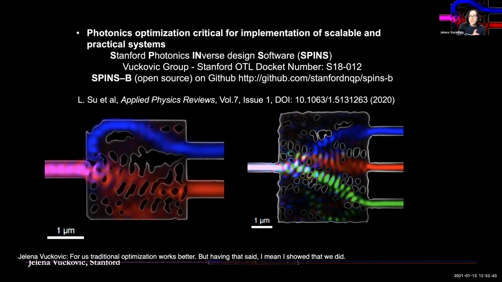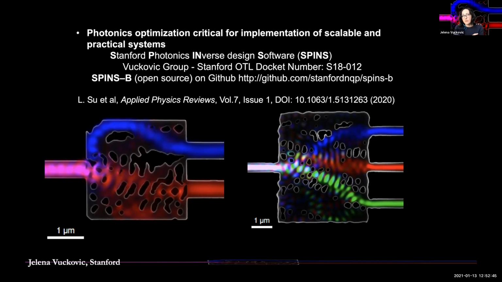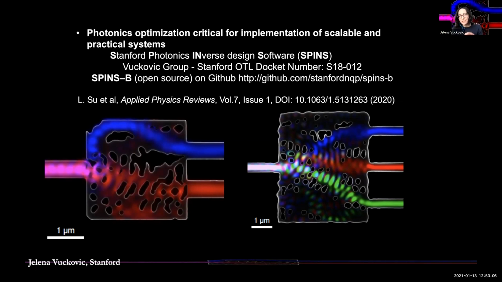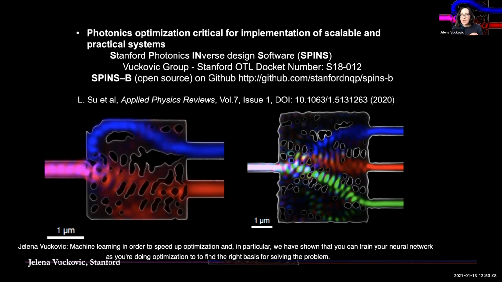Having said that, I showed that we did some work in collaboration with Google on using machine learning to speed up traditional optimization. So I think where the strength is, if you're doing very large 3-dimensional devices, is that you can combine gradient descent, the traditional optimization technique, with machine learning to speed up optimization. In particular, we have shown that you can train your neural network as you're doing optimization to find the right basis for solving the problem.